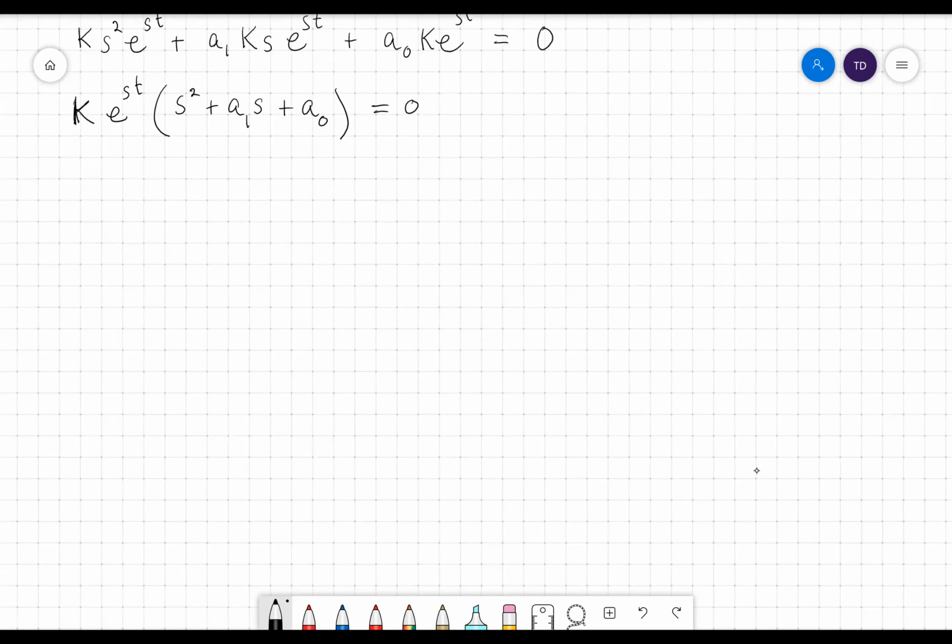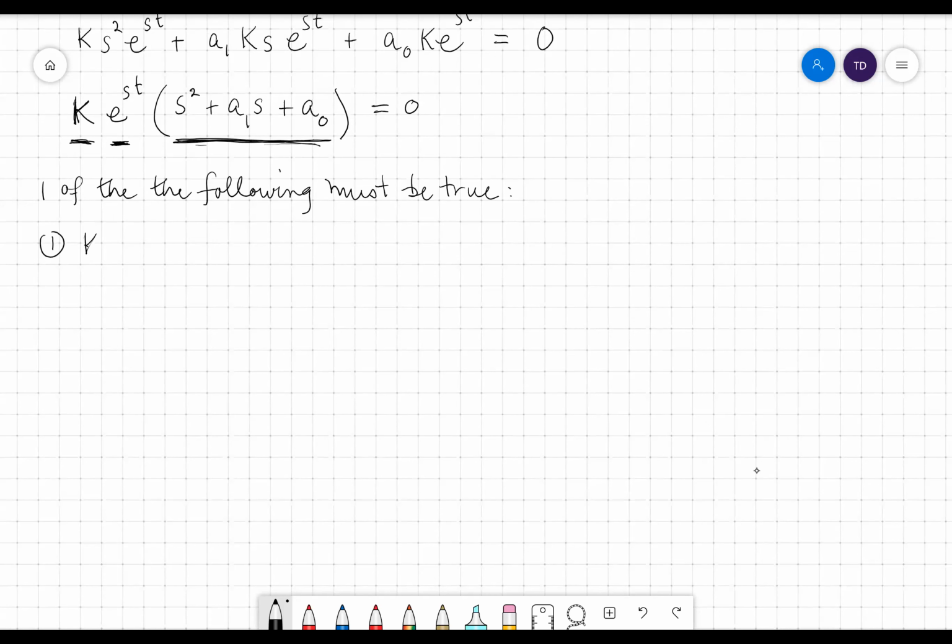This is a product. This times this times this is equal to 0. So one of the following three things must be true. One, k is 0.